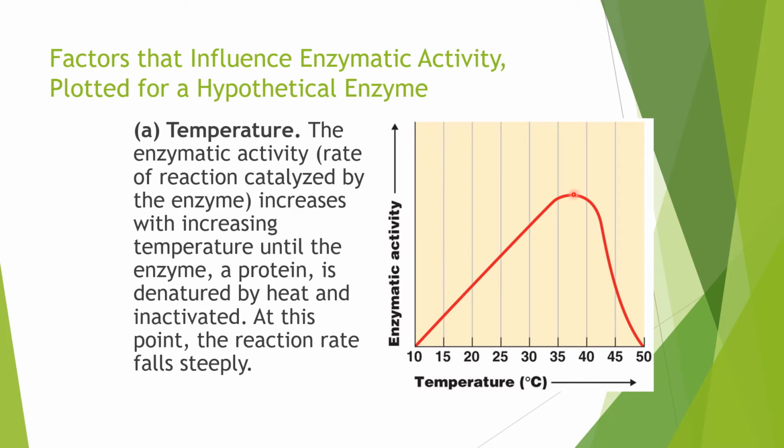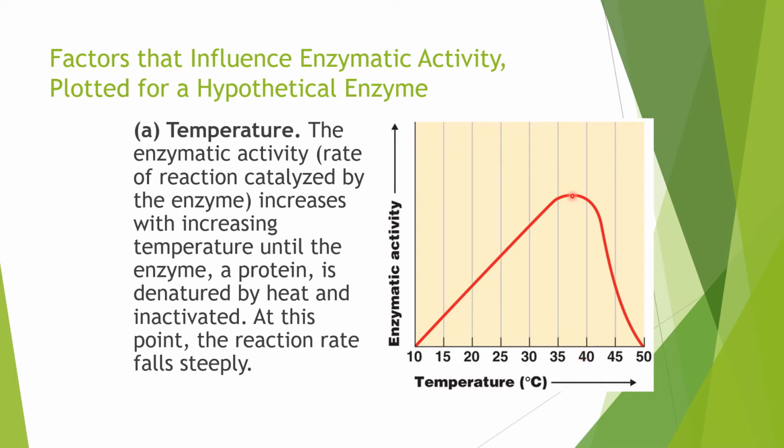If you start lowering that temperature, notice how if the temperature is set at 20, the enzyme is still functioning, but notice how its activity is pretty low. Same thing if you increase the temperature.